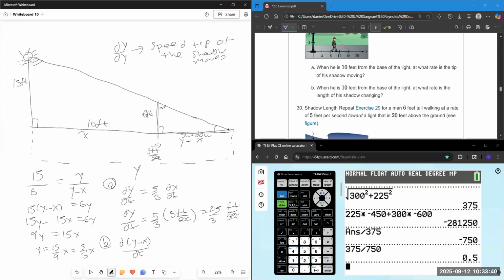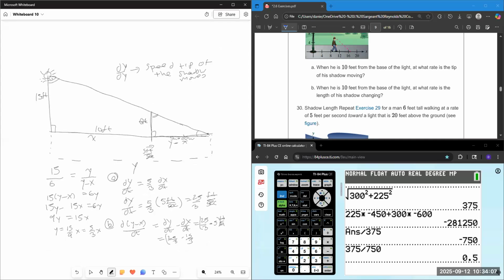So that's going to give us dy/dt minus dx/dt. dy/dt we just found to be 25/3, and dx/dt we have as 5, and those are feet per second. So that is 25/3 minus 15/3, which is 25 minus 15, 10/3 feet per second.